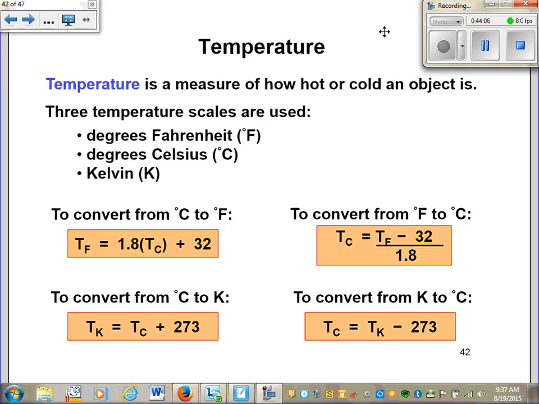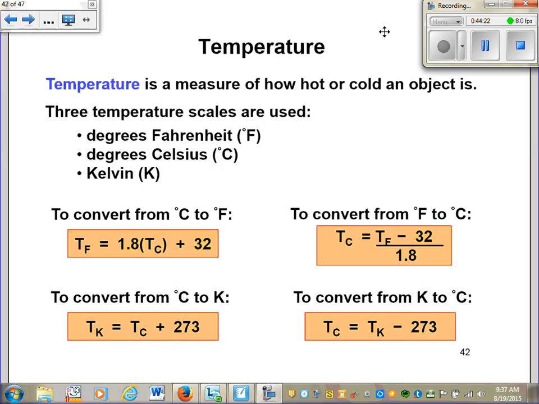Anybody else? How do you go from Celsius to Fahrenheit? Take the Celsius, multiply it by 1.8, and add 32.